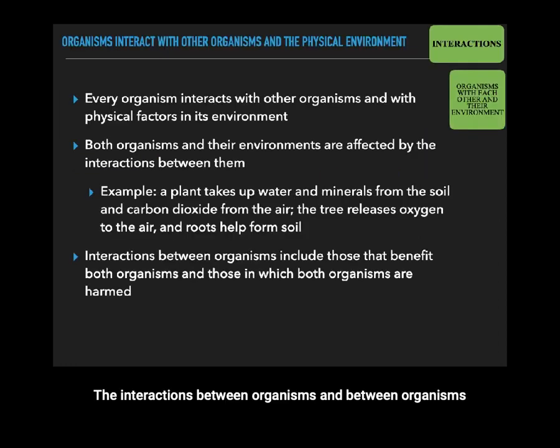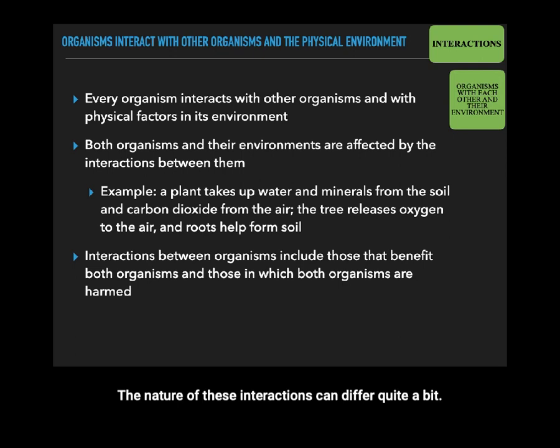The interactions between organisms and their physical environment can have a profound effect on the organisms and on the environment where the interactions occur. For example, a plant takes up water and mineral from the soil and carbon dioxide from the air. Or a tree releases oxygen to the air and the roots help form soil.